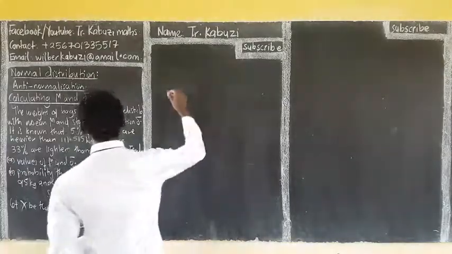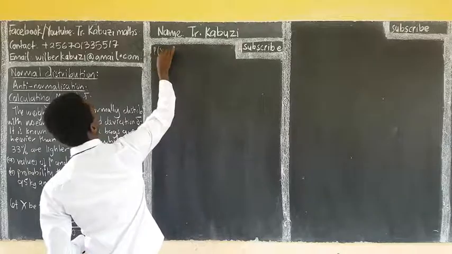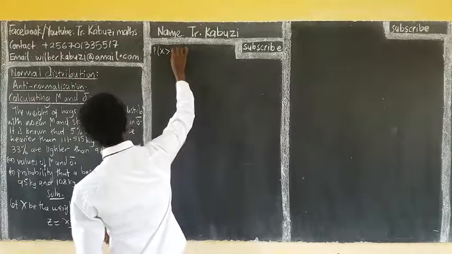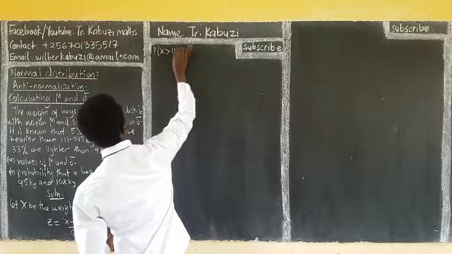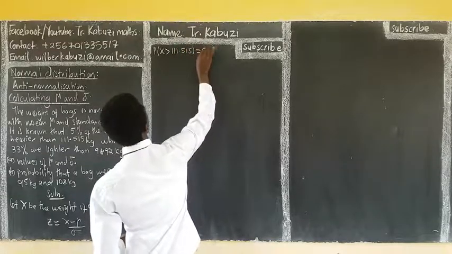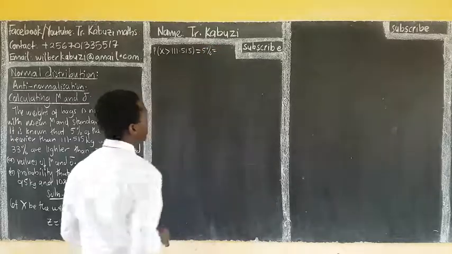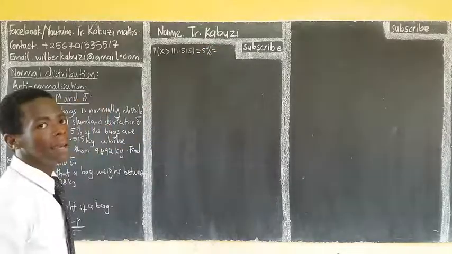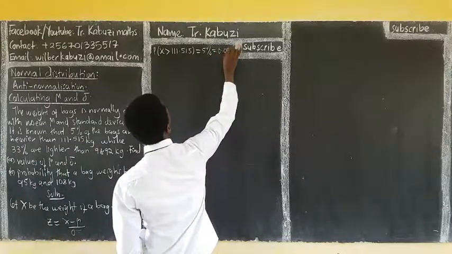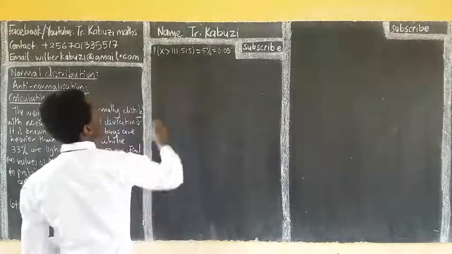So the probability that the weight of this bird is greater than 1.515 is 5%, the same as 5 divided by 100, it is 0.05. So now we standardize this.